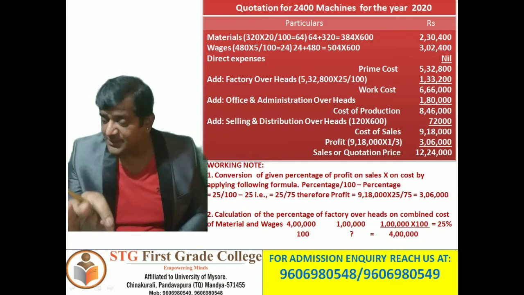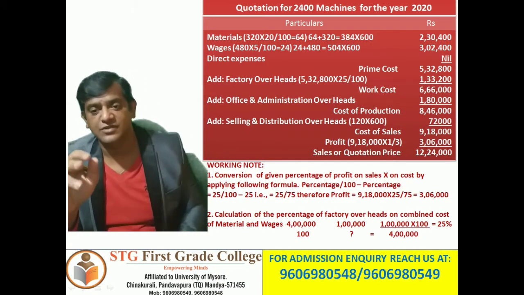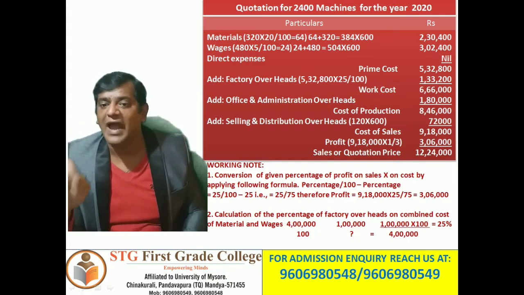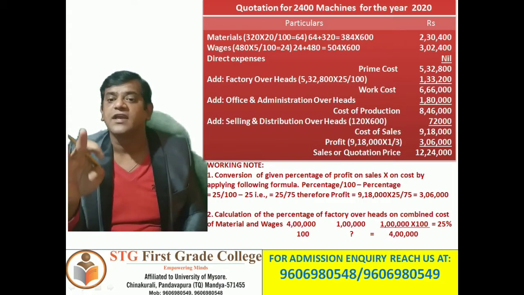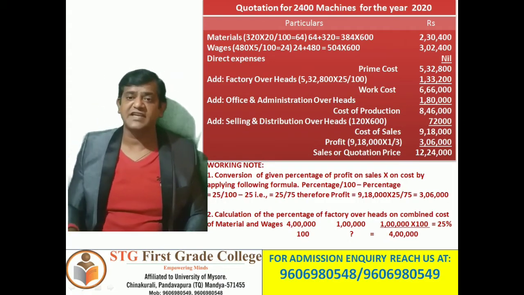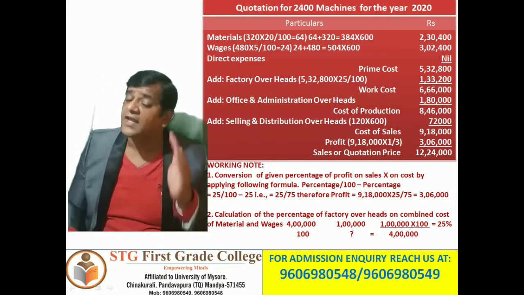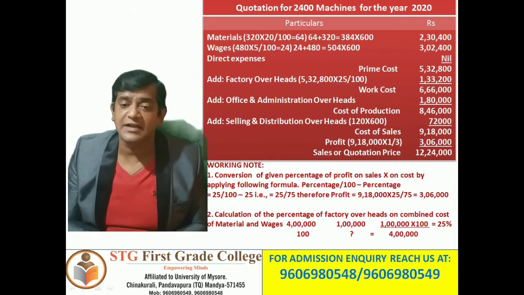So 120 per unit into 600 comes to 72,000. When you add cost of production plus selling and distribution overheads, you get the cost of sales. So cost of sales is 9,18,000. Now we are supposed to calculate the profit.